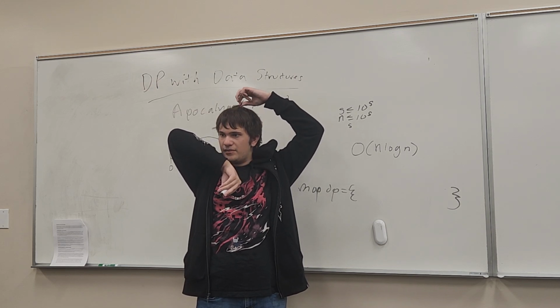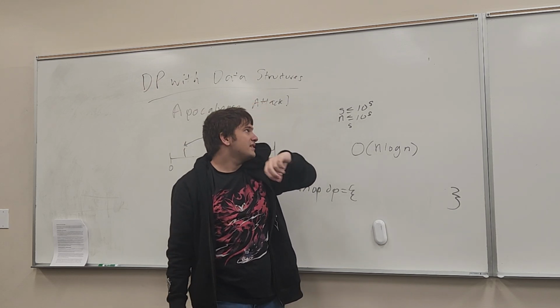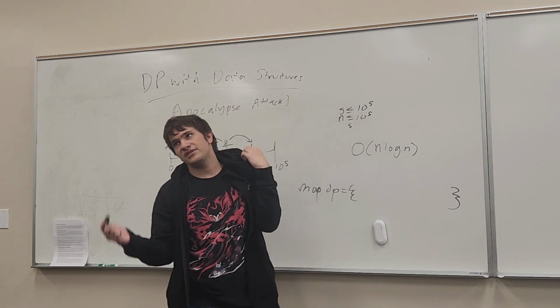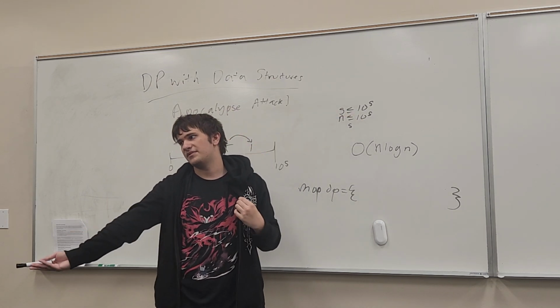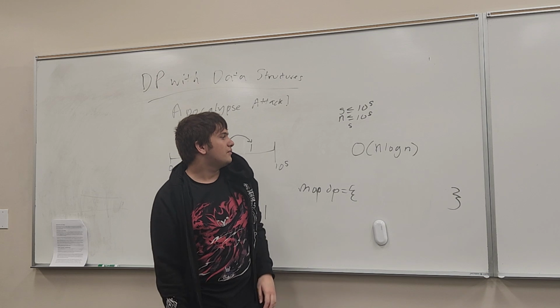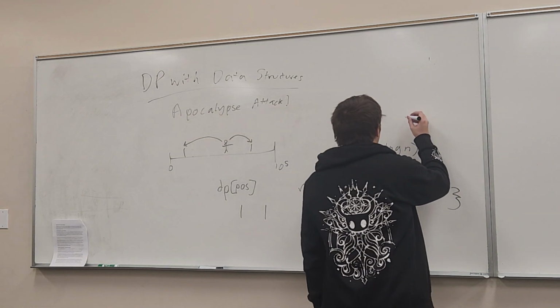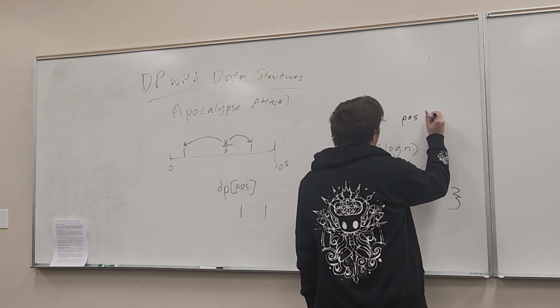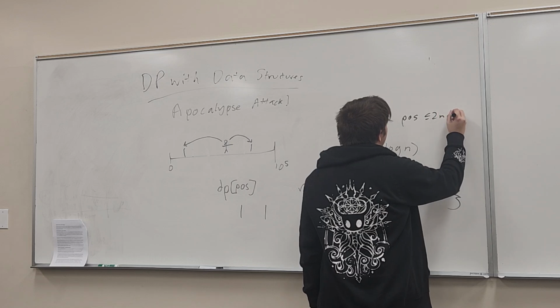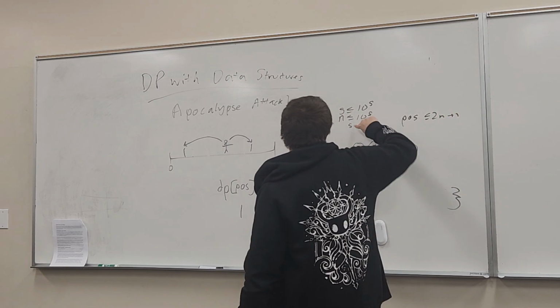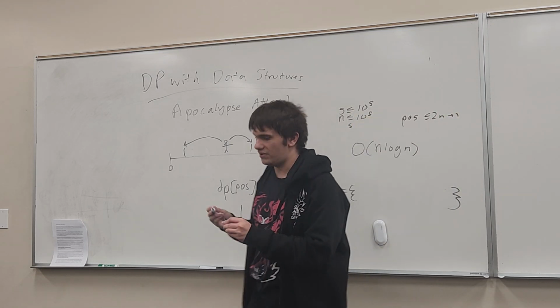Yeah, you can get back to a position. But we can still just treat that as a new distinct position. The number of positions is bounded by 2 times n plus 1, because it's just the starting position and then the left and right endpoints for each meteor.